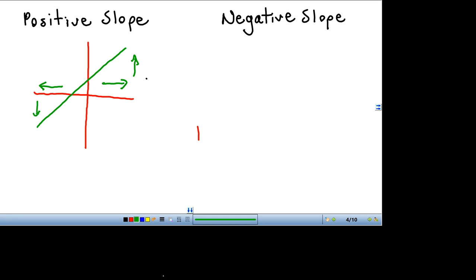Now, if it has a negative slope, that's a negative slope right there, which means as you go farther to the right, you're going to go down. Or as you go farther to the left, you're going to go up. That's the difference between a positive slope and a negative slope.